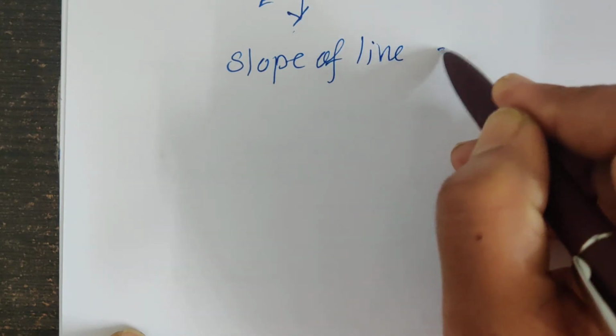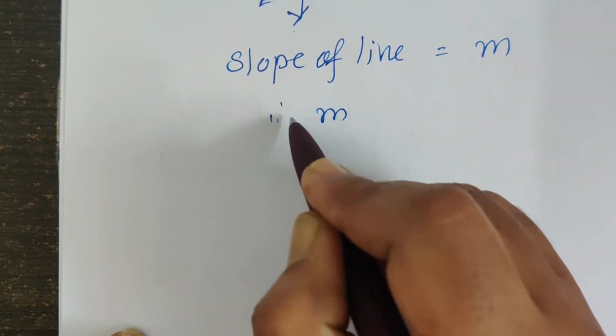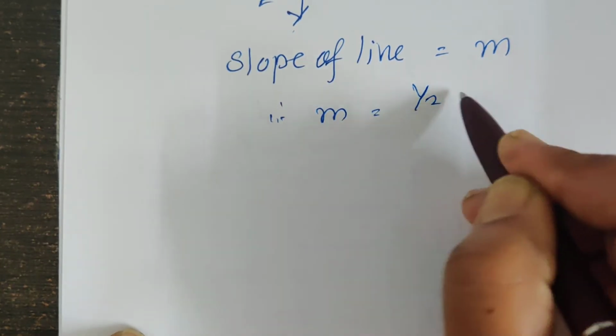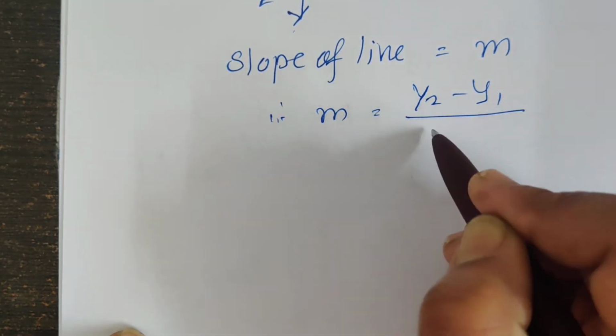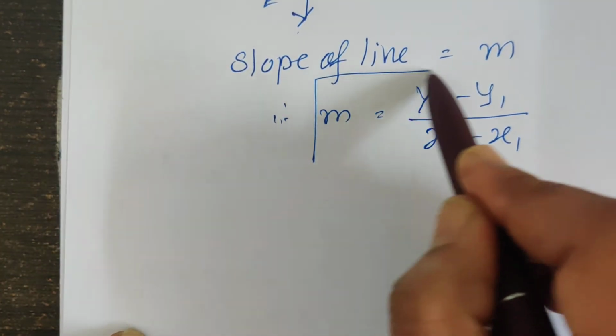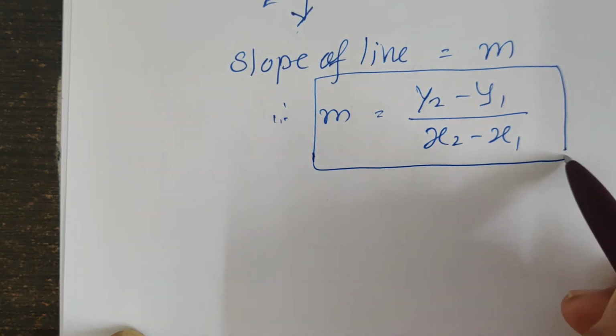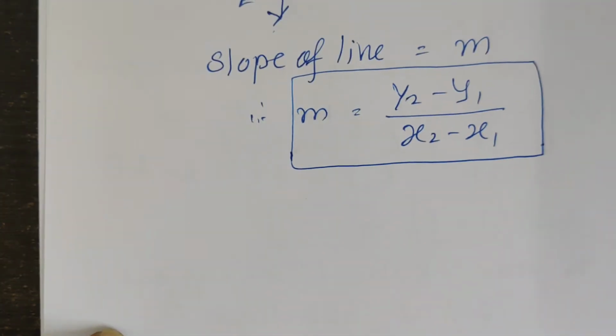Slope of line is m, and m is equal to y2 minus y1 upon x2 minus x1. This is the formula which we use to find the slope.